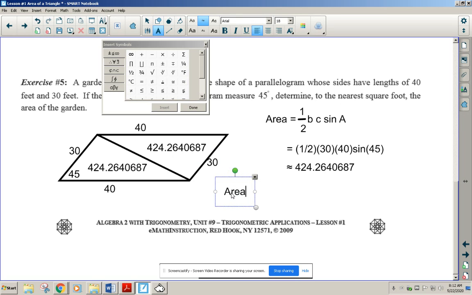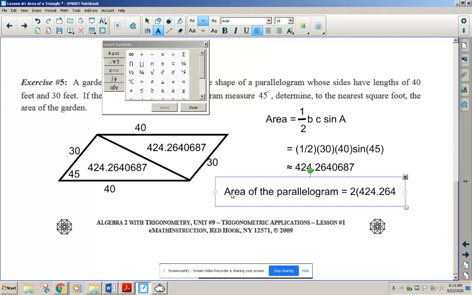So now the area of the parallelogram is equal to 2 times this 424.2640687, and that gives me 848.5281374.